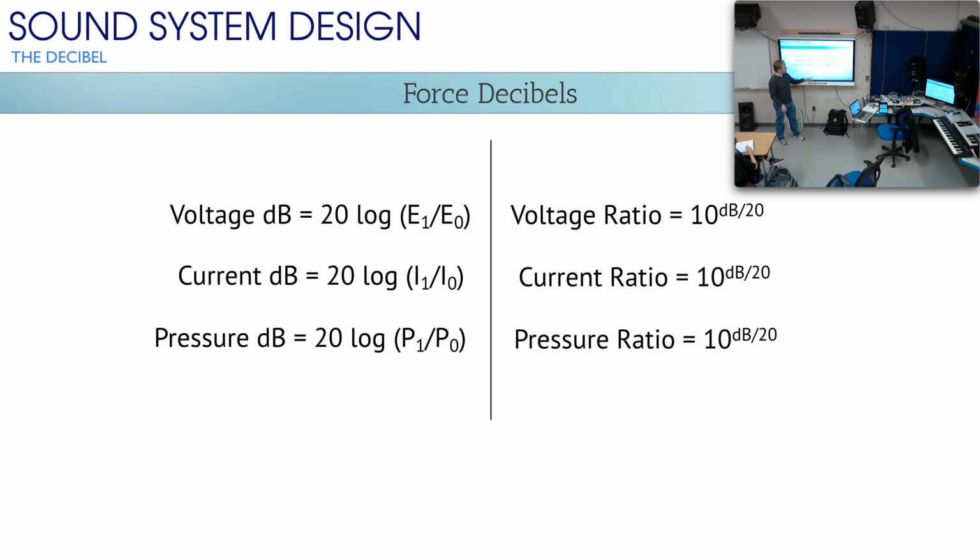So all I need to do now is say this number times 0.775, and I get 1.228, or 1.23. Now that would be 1.23 volts. Okay? Which means professional line level, aka plus 4 dBu, is equal to 1.23 volts.